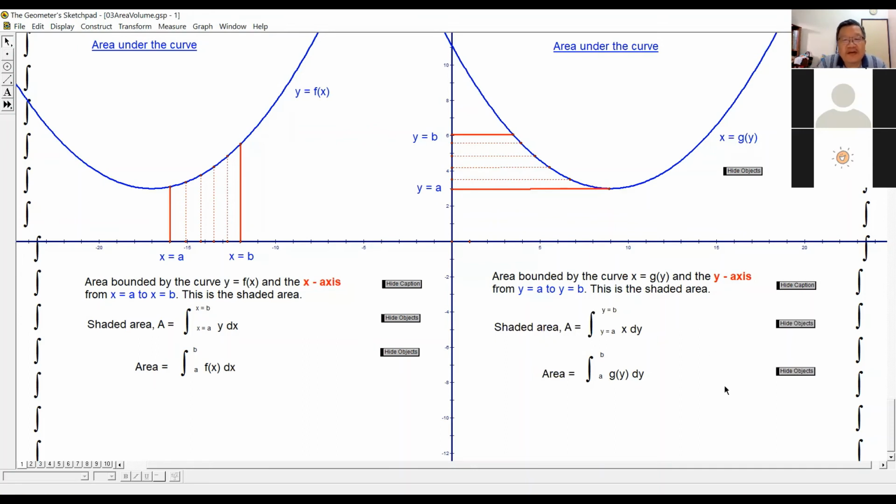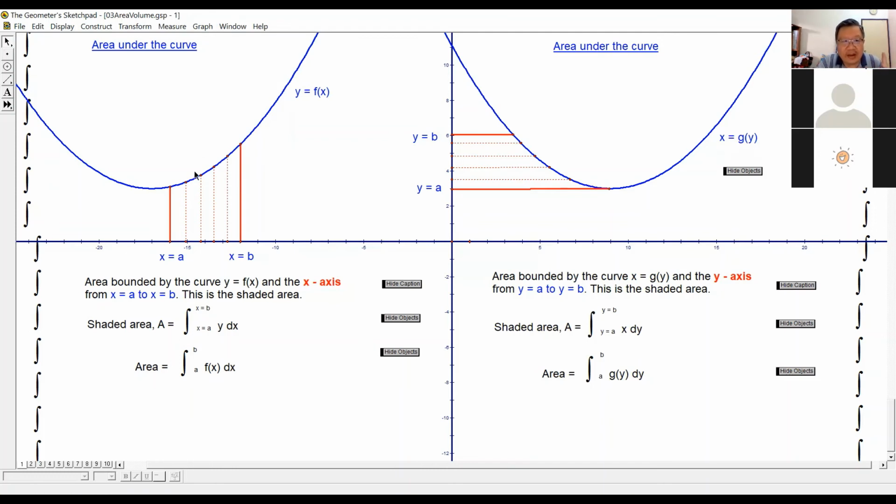Now what is the difference between these two formulas, on the left hand side and on the right hand side? I repeat, if you want to find the area between the curve and the x-axis, everything must be in terms of x.